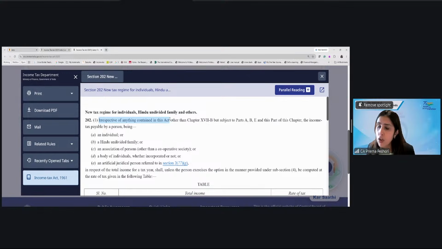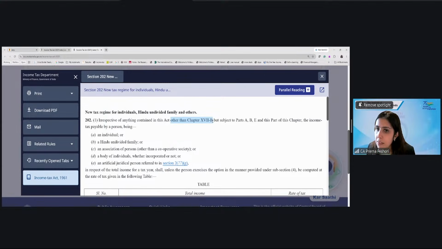So this non-obstante clause will override the other provisions of the Act. So, irrespective of anything contained in this Act means that this 202 will override all other sections of the Income Tax Act. But it says other than Chapter 17B.